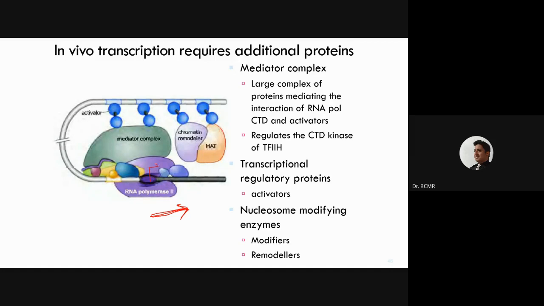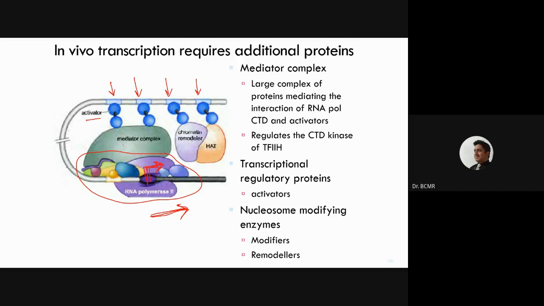The more things it requires, the more factors involved, the more complexity, from which more delicate fine-tuning can happen. When I say more factors, it could involve several enhancers to which activators bind, and what we spoke of is just this much part in the previous slide, but that's not all.